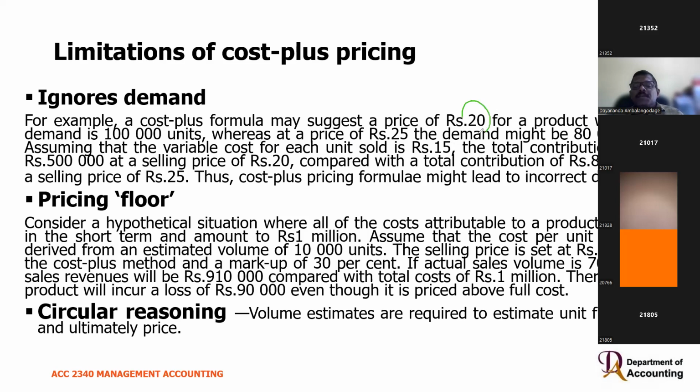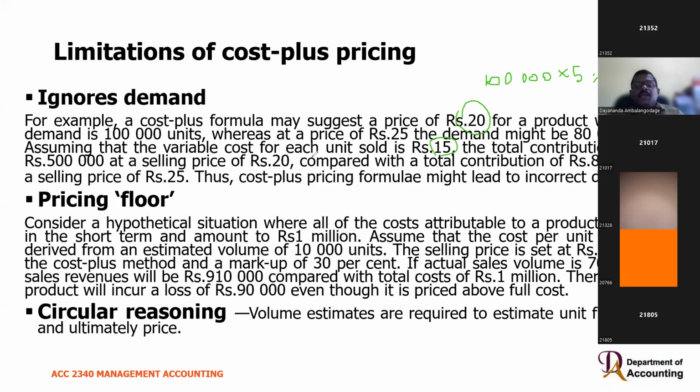Here the selling price is 20 and your variable cost is 15, so you will have a 5 rupees profit, right? So with 5 rupees profit, you can sell 100 units at this particular price. Multiplied by 5, you will end up with a contribution of 500.